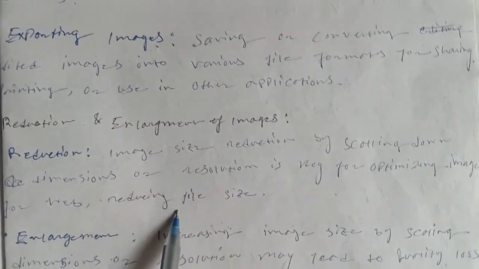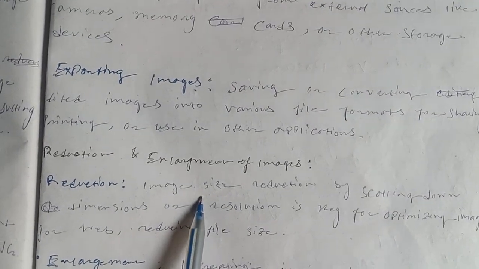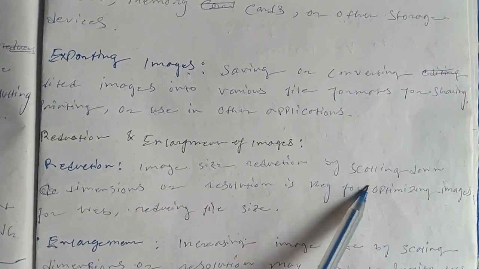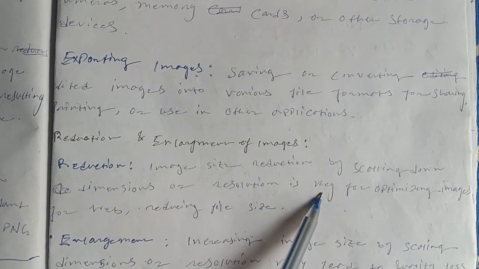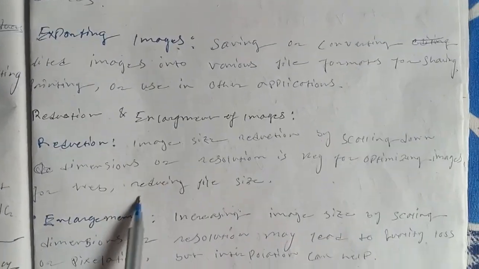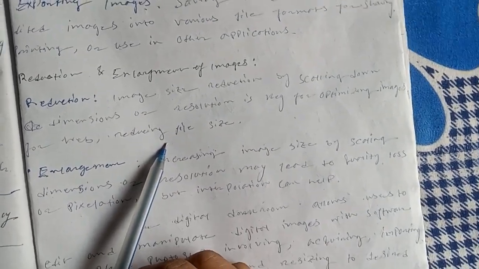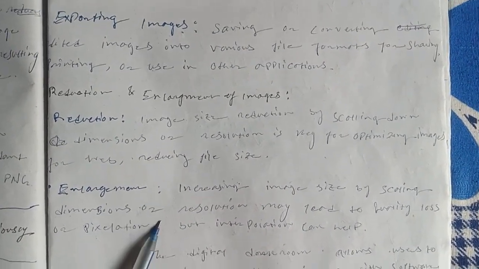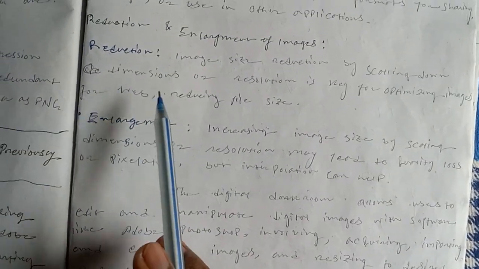Then let's see reduction and enlargement of images. What is reduction? Reduction means reducing. Image size reduction by scaling down dimensions or resolution is key for optimizing images for web and reducing file size. And what is enlargement? Enlargement is the very opposite of reduction.